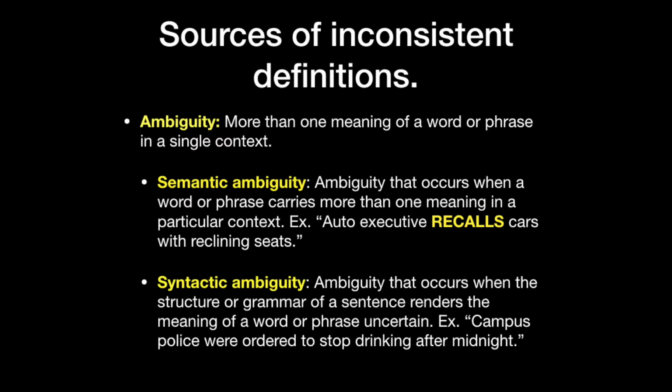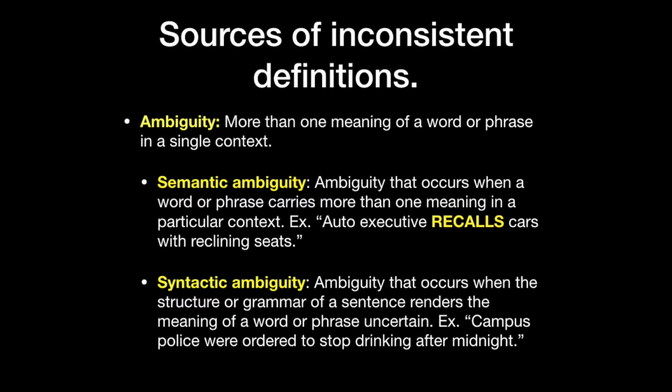First of all, ambiguity. Ambiguity is defined as more than one meaning of a word or phrase in a single context. There are two types of ambiguity that you will see, and that is semantic ambiguity, ambiguity that occurs when a word or phrase carries more than one meaning in a particular context.